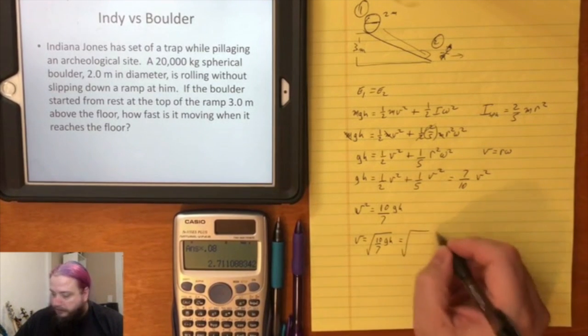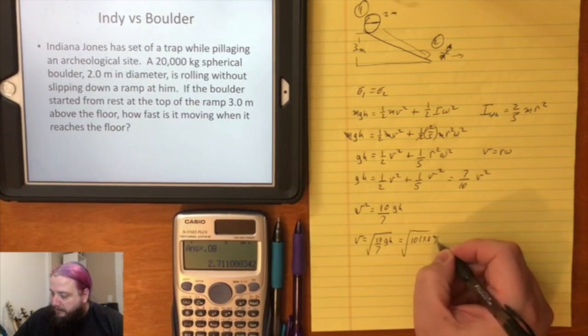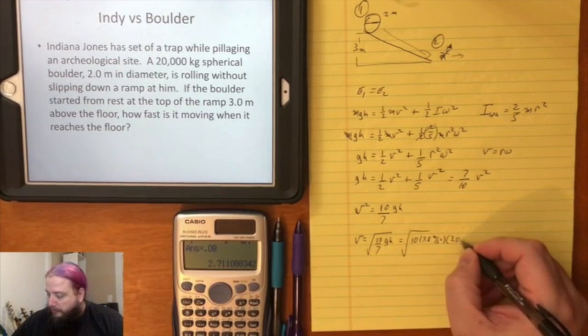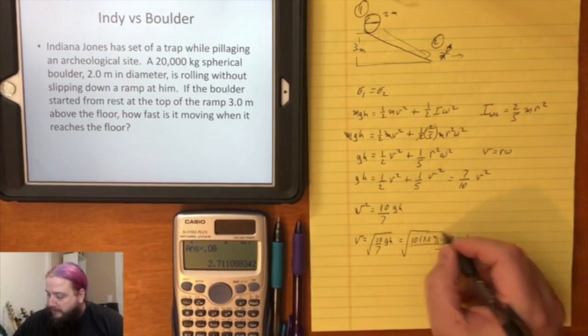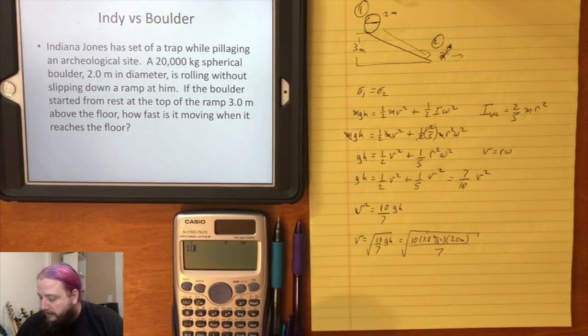So that's the square root of 10 times 9.8 meters per second squared times 3 meters all over 7. So 10 times 9.8 times 3 divided by 7.